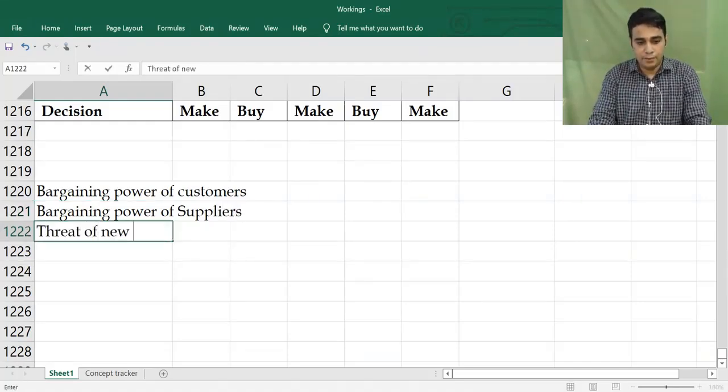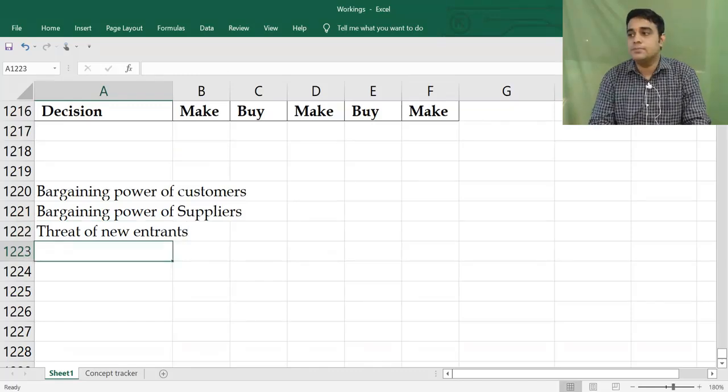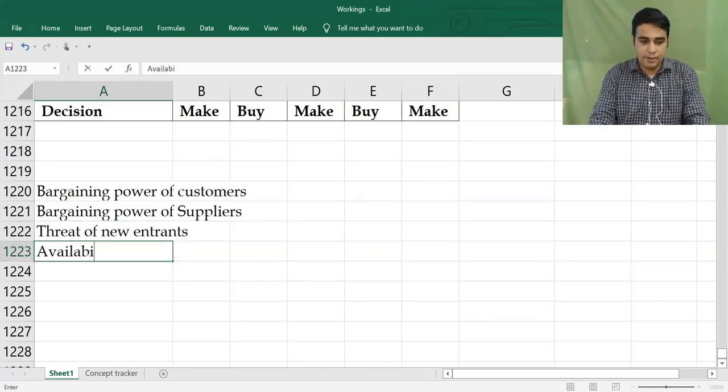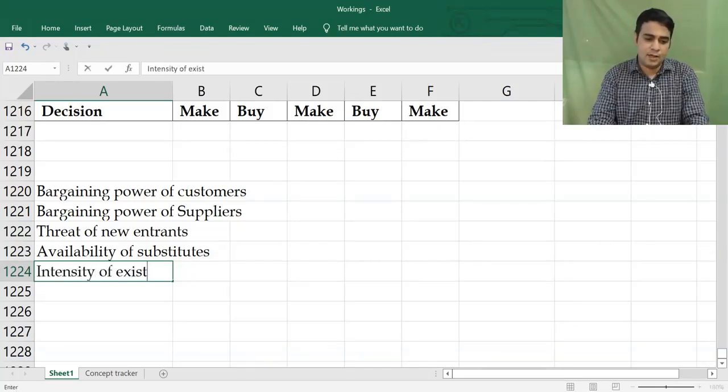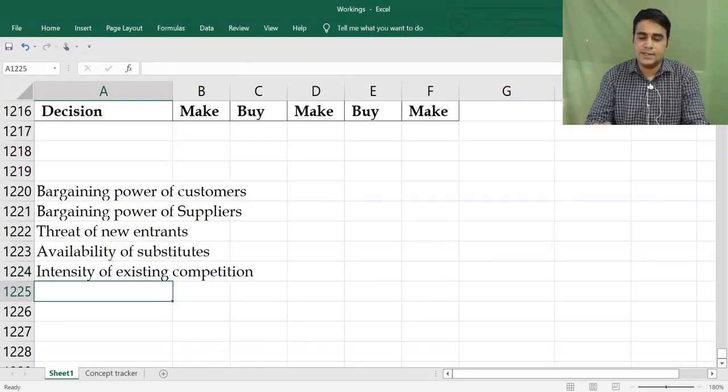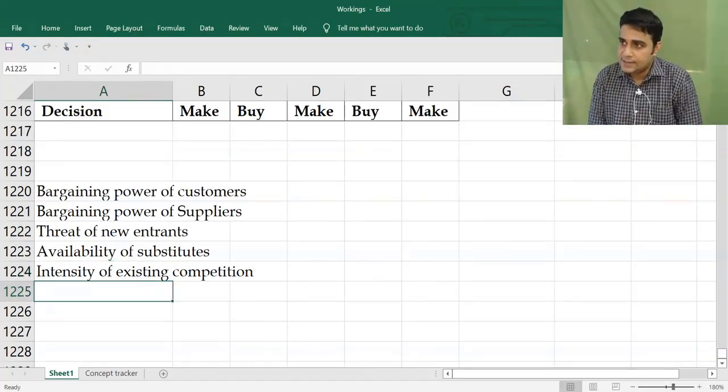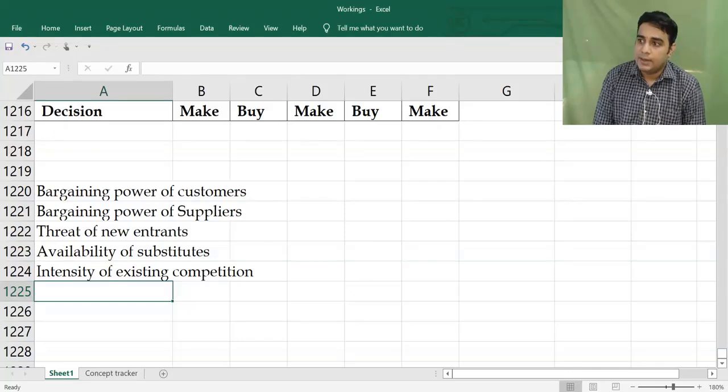Threat of new entrants, okay. Availability of substitutes. What else? Intensity of existing competition. I think these should be the 5 points. Intensity of existing competition within the current competitive scenario in the industry.